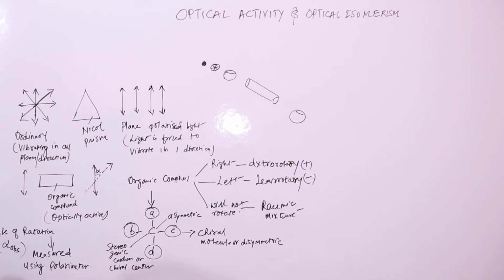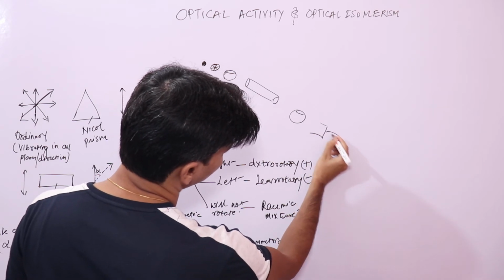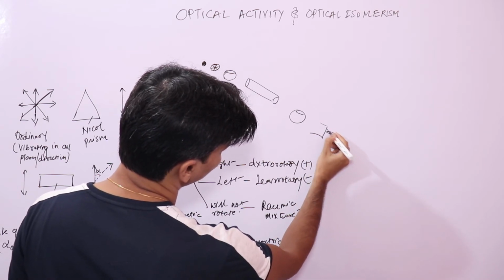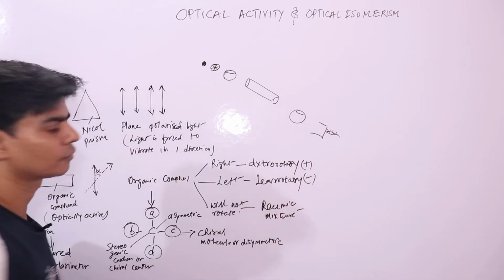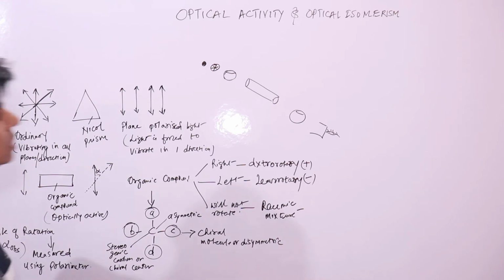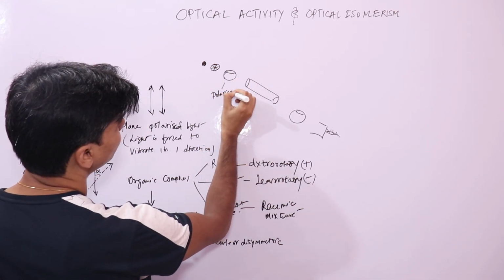Then we have an eyepiece, through which an observer can see the angle of rotation.